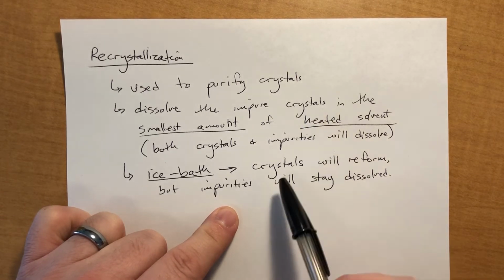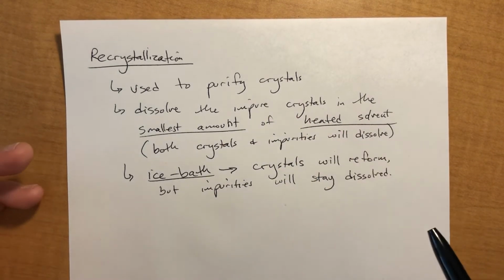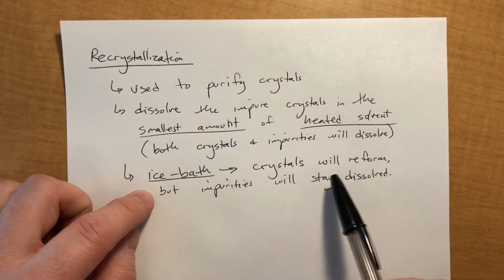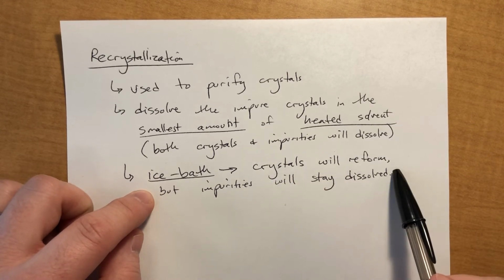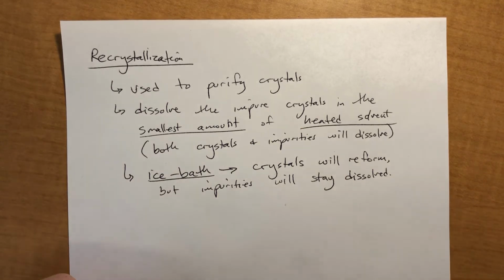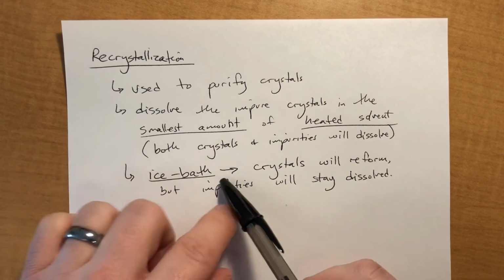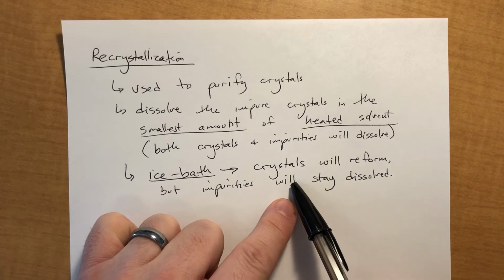And what's going to happen is you're going to dissolve it, and it will dissolve just fine every time. That's not a problem. Getting your crystals to come back is the scary part. Because if you put it in an ice bath and your crystals don't reform, that means you've lost all your product. And you might have to start over. And you can't not purify it, and you can't reclaim these crystals.